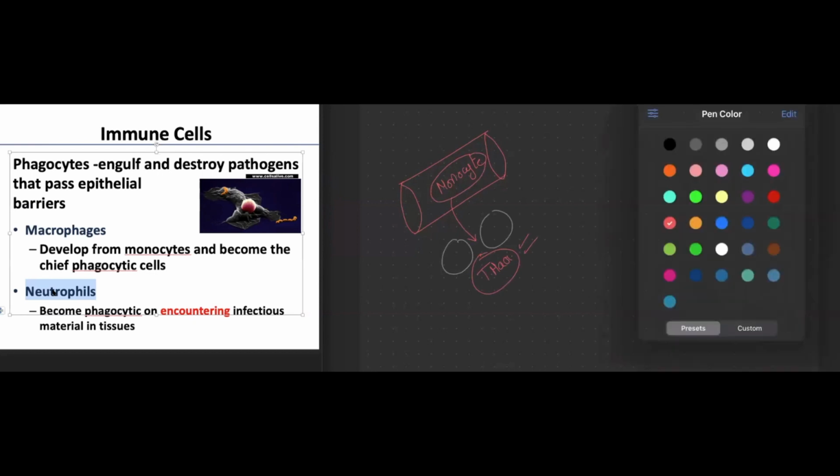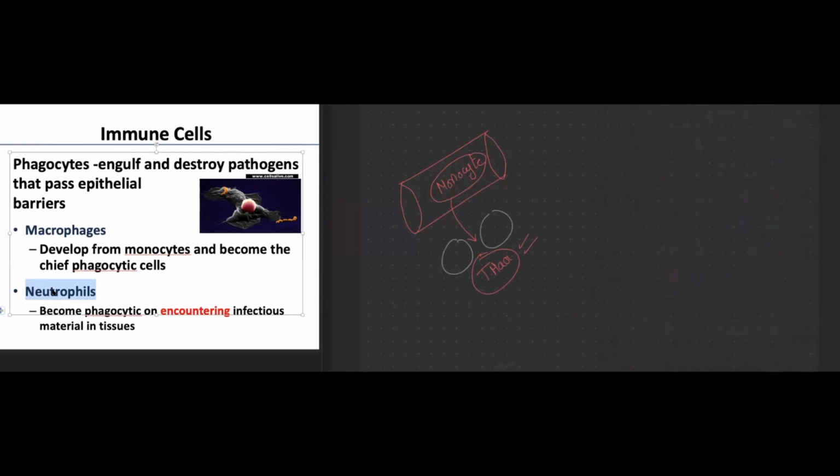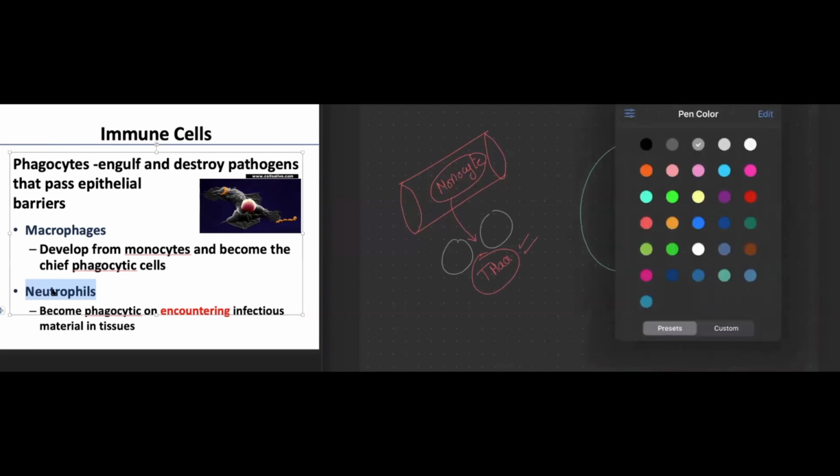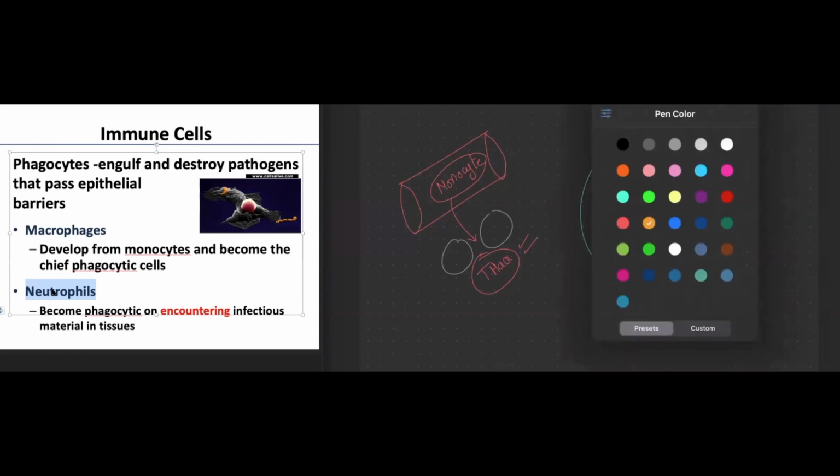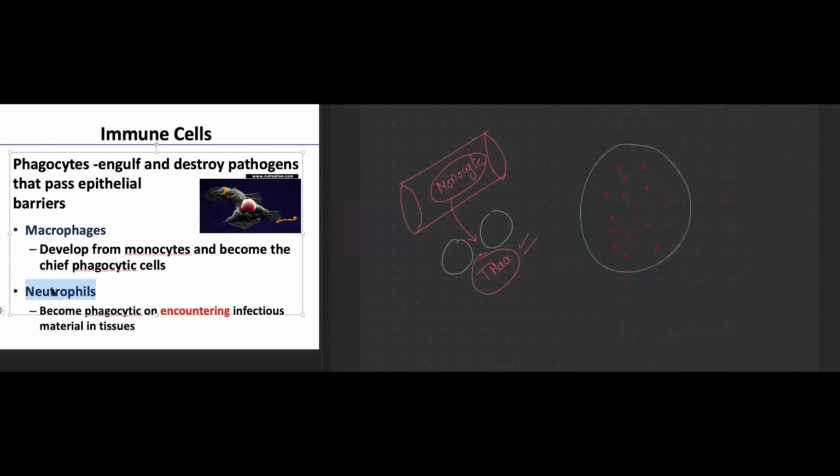Another type of phagocytes, if you remember, those were my neutrophils. And if you remember, neutrophils, those are the cells with hydrolytic enzymes kept inside the cytoplasmic granules. And we call them neutrophils because they did have both reddish and bluish cytoplasmic granules.